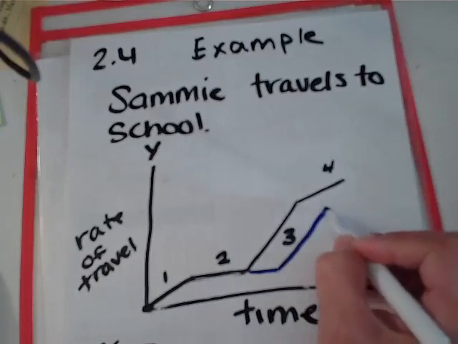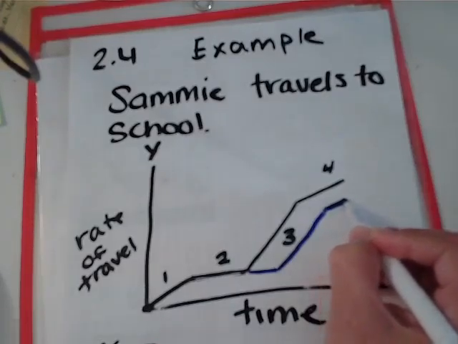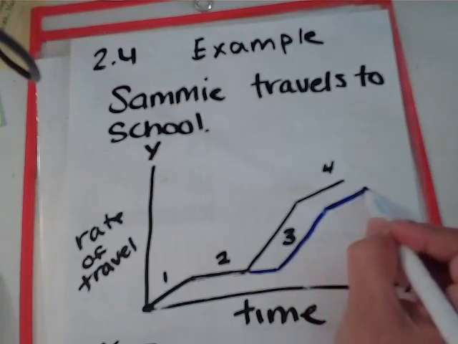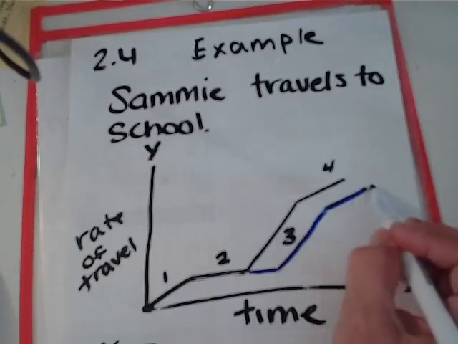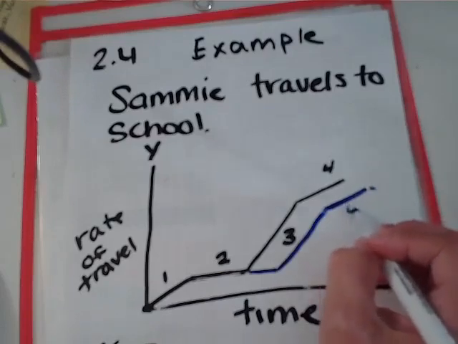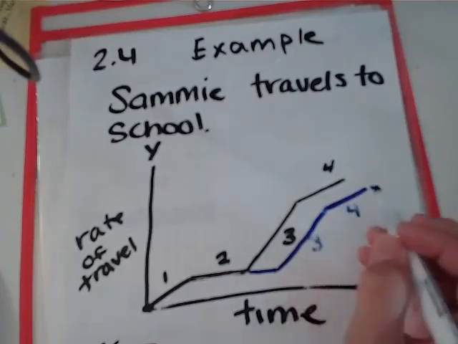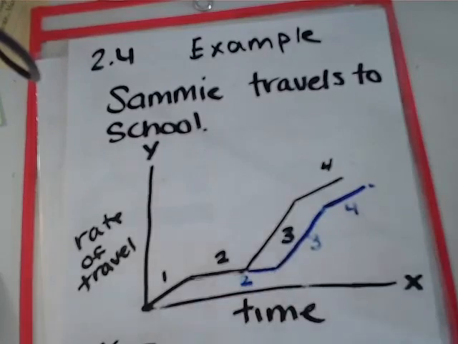The walking rate would change, but we want to keep that segment the same length, and he would arrive at school later. So segments 4, 3, and 2 would change if the bus was late.